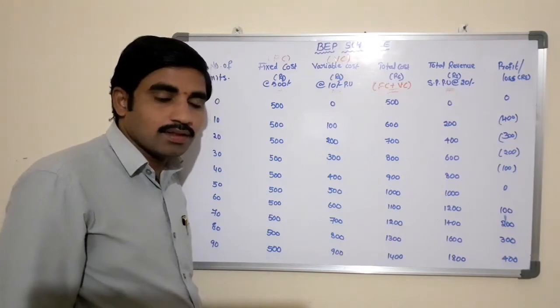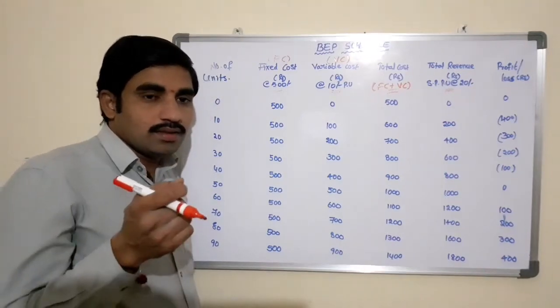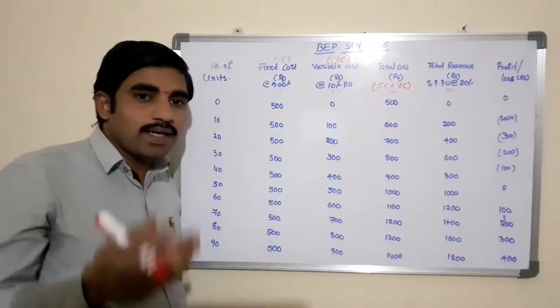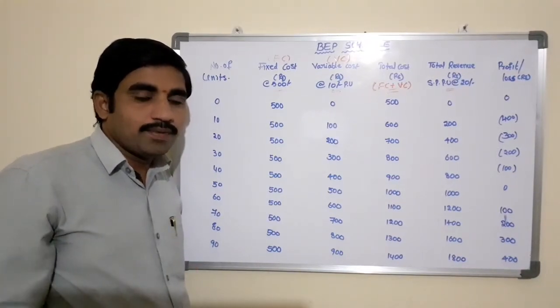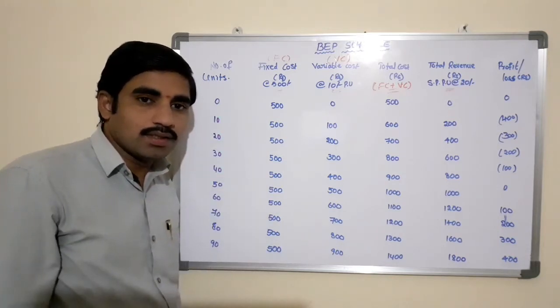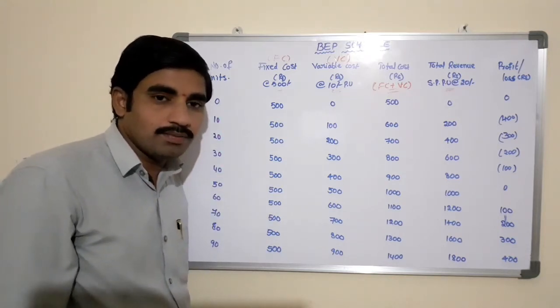See, generally the common behavior of business is, if there is a demand in the market for the product, immediately the business will increase the price of the product. That is the common behavior of any business.